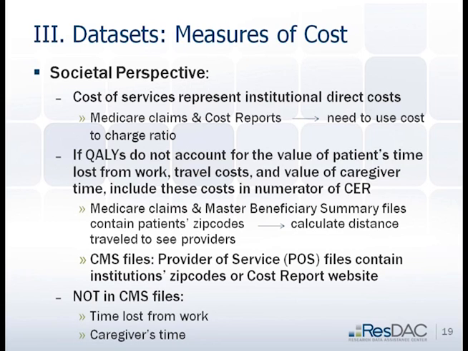If your QALYs don't account for the value of patients' time lost from work, etc., travel costs, and the value of caregiver time, and it very much depends on how you collected your outcomes data, if it's not in there, if there hasn't been a direct accounting for patients' time lost from work, etc., then you want to try and enumerate the time spent on the patient's behalf in the numerator as well.